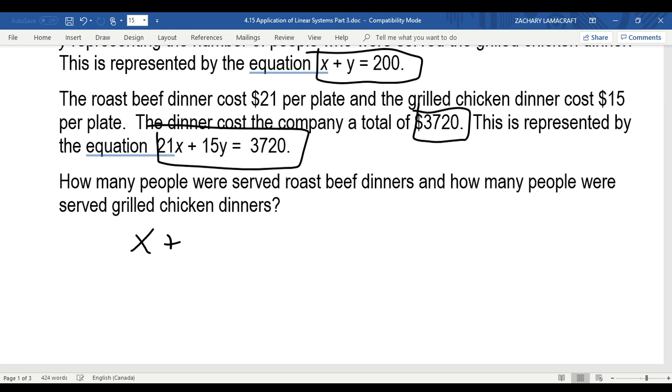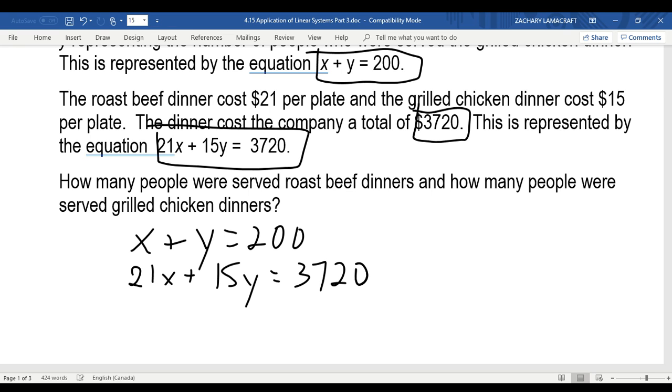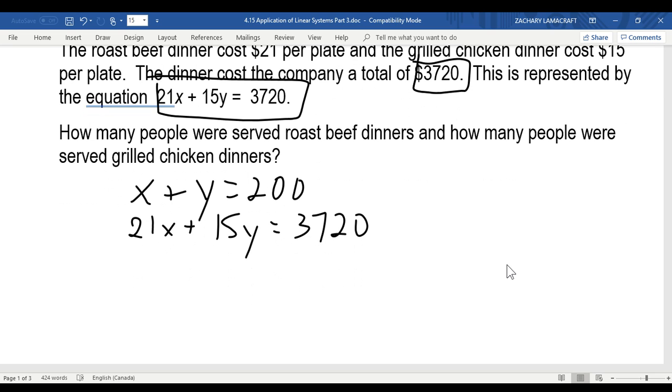So like we do with substitution, we write out our equation. And then we have to figure out what we are going to multiply and what value we are going to get rid of. So in this case, I would look at either the 21x or the 15y.